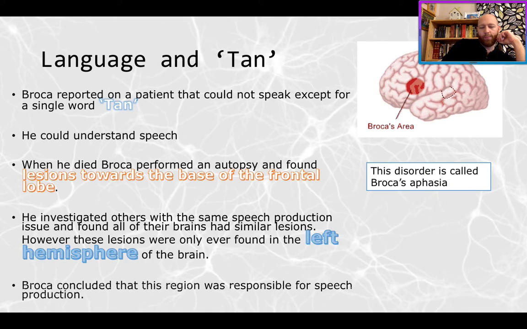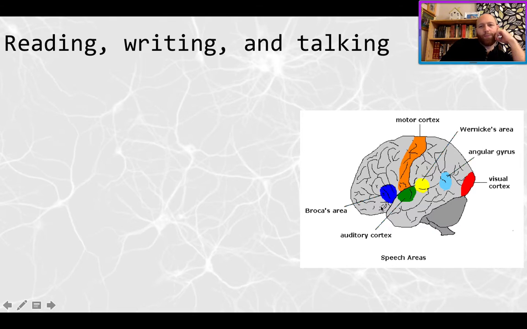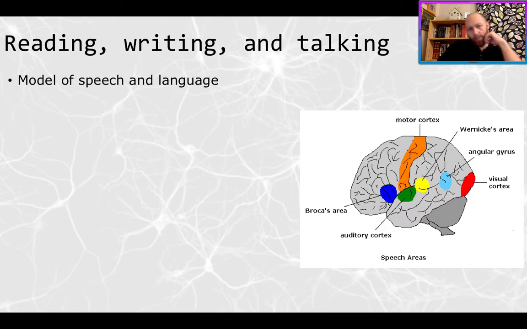However, Broca's research disagrees with that. It says that actually language is processed mostly, at least speech production, mostly in the left hemisphere. Reading, writing and talking.